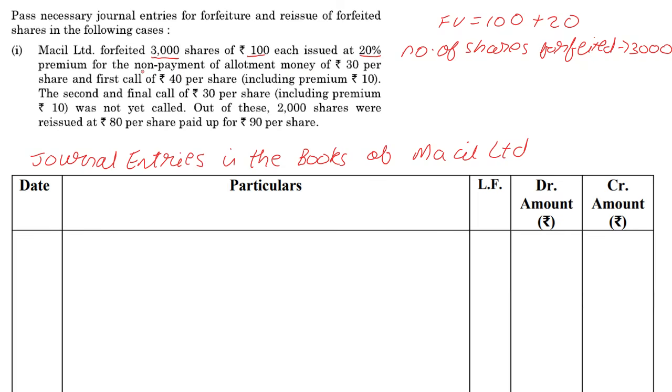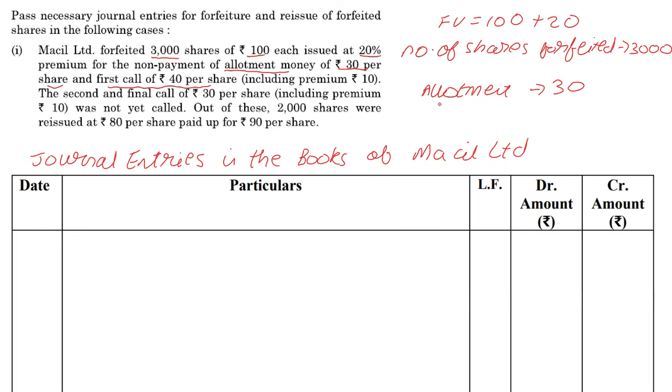For the non-payment of allotment money of 30 per share and first call of 40 per share, including premium of 10. What we have to do is break up the levels. Allotment, they're saying 30 per share and they've not said how much premium.